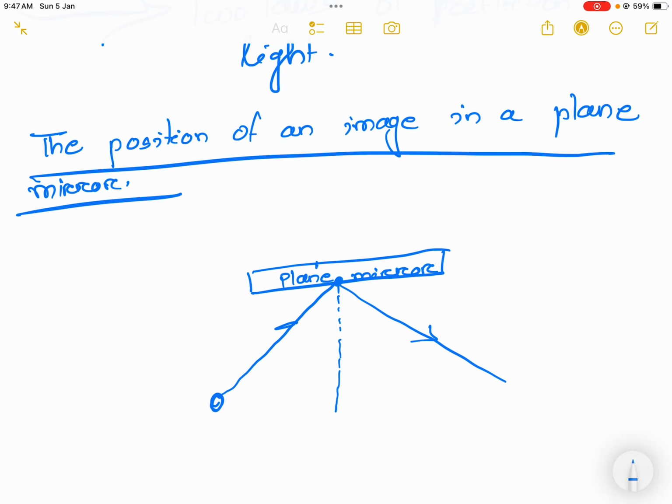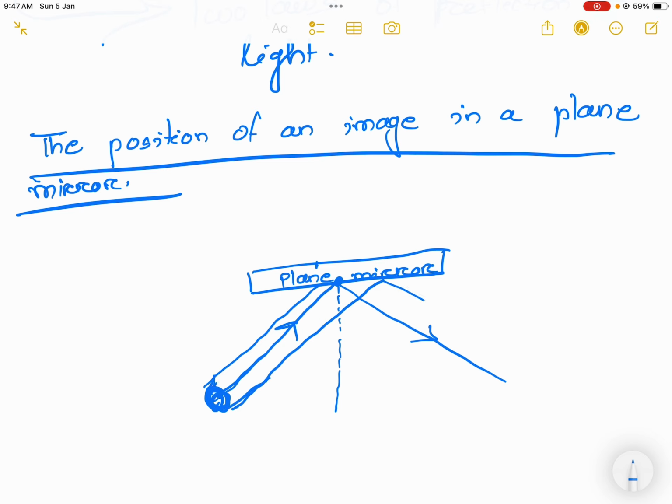This is the law of reflection, and you will have many rays. This light is not one single ray. It's a beam of rays, since the object has a finite size, so light is coming from all over the places.